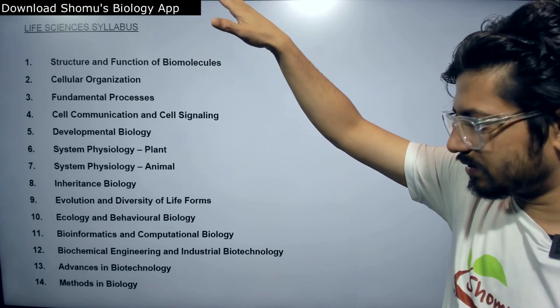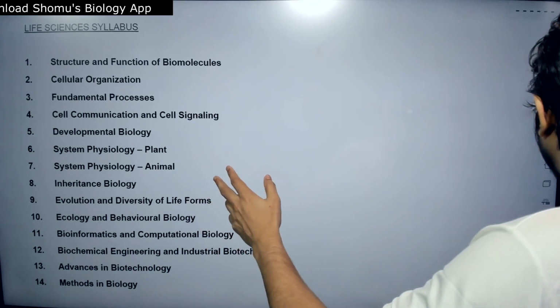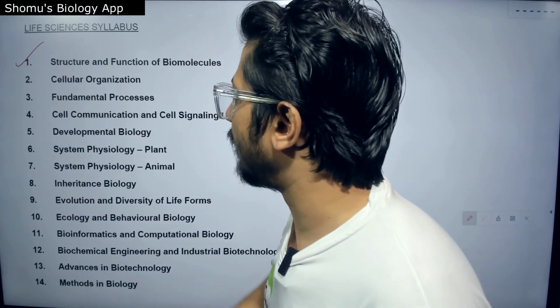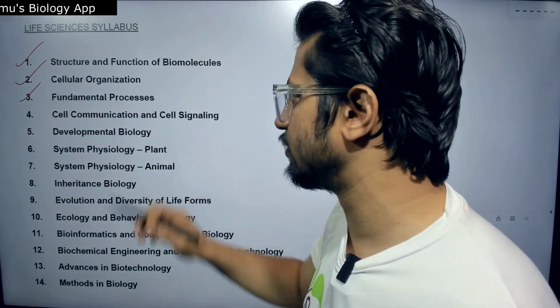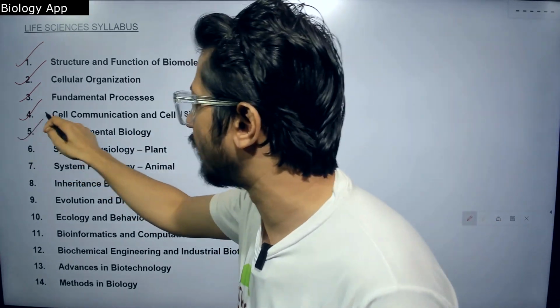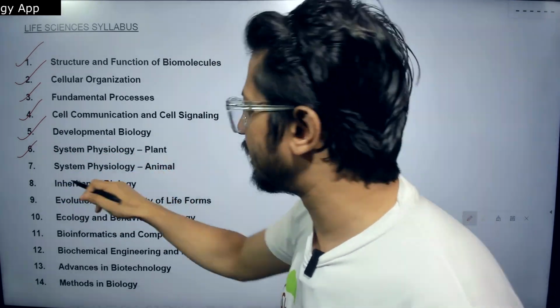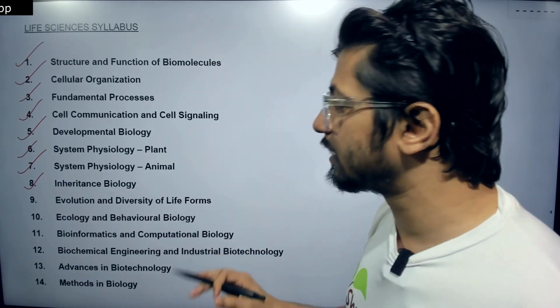Earlier it was 13 units, now 14 units, with a little bit of rearrangement. Let me tell you quickly what has been modified. Unit 1 remains the same, biochemistry. Unit 2, cell biology. Unit 3, fundamental processes, molecular biology. Unit 4, cell communication and signaling. Unit 5, developmental biology. Unit 6, plant physiology. Unit 7, animal physiology. Unit 8, inheritance biology.